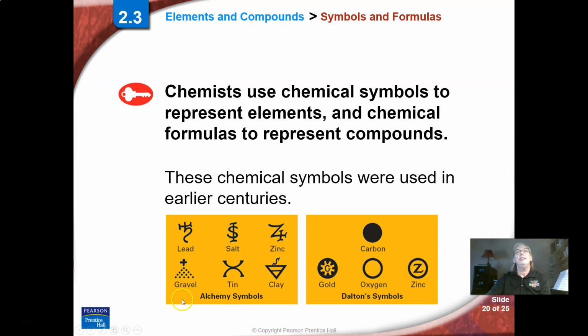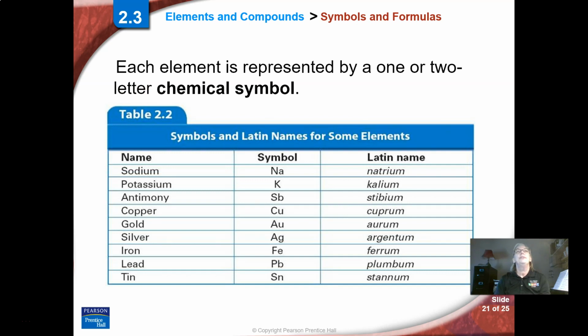Back in the day, we talked about alchemists who were getting started with chemistry, and they used these symbols. And then the chemist came along called Dalton, and he came up with these symbols. So it's changing over the years. But nowadays we use these symbols. Some of them seem weird, like why is silver Ag? It's because it comes from a Latin word from a long time ago, because these things were all found in the natural world a long time ago. So the Greeks and the Romans found these things and they gave them their names.